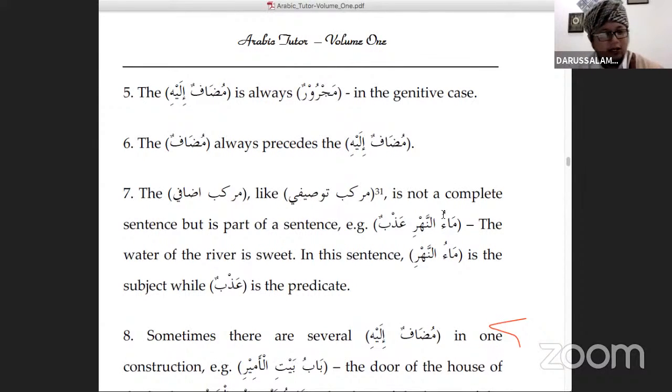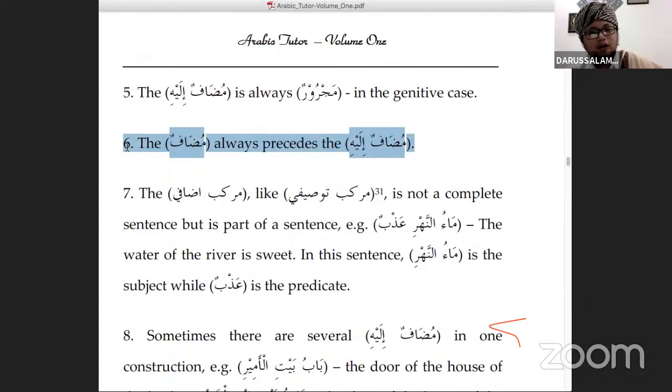InsyaAllah. And then, number 6. The mudhaf always precedes the mudhaf ilaih. Maksudnya apa? Mudhaf itu mestilah sebelum mudhaf ilaih. Macam bahasa Melayu juga, kita tak boleh sebut Zaid kitab, tak faham kan? Kena sebut kitab Zaid.